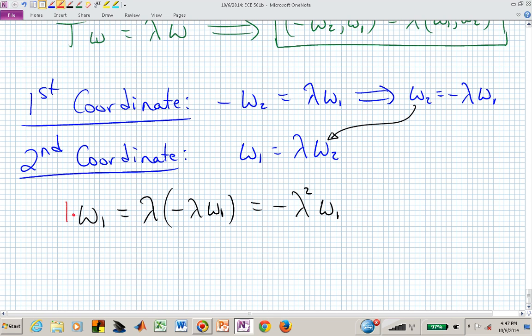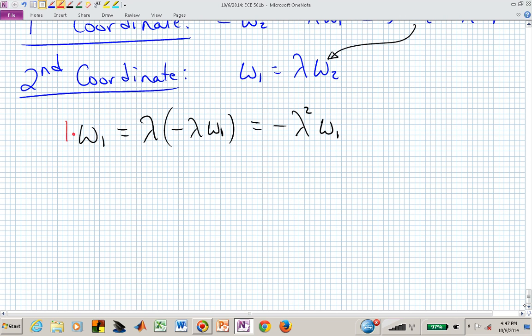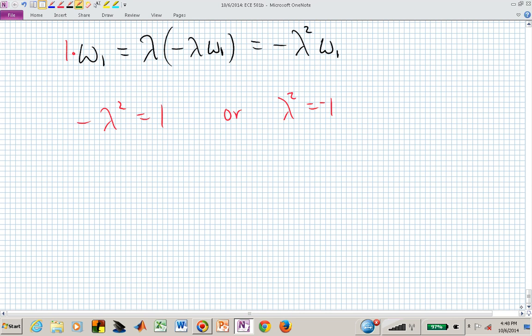That now tells me something about this scalar lambda in terms of its square. I now have minus lambda squared is equal to 1, or lambda squared is equal to minus 1. And now we have some options, maybe.